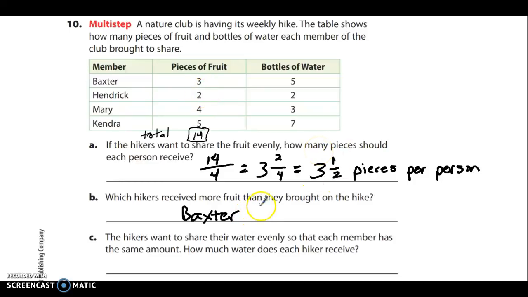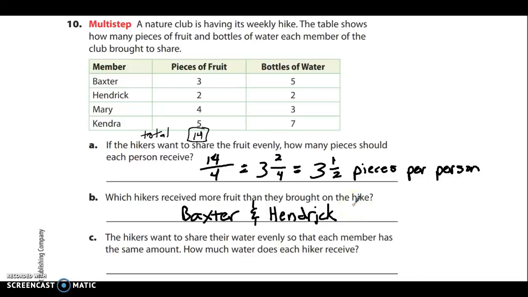So Hendrik is one of the answers. Before I write that, though, let's go check. What about Mary? Mary brought 4, and she only received 3.5. She received less than she brought. Kendra, too. She brought 5, but she received 3.5. That's less. So there's 2 answers for question B. It's Baxter and Hendrik, because they each brought a number that's less than 3.5.